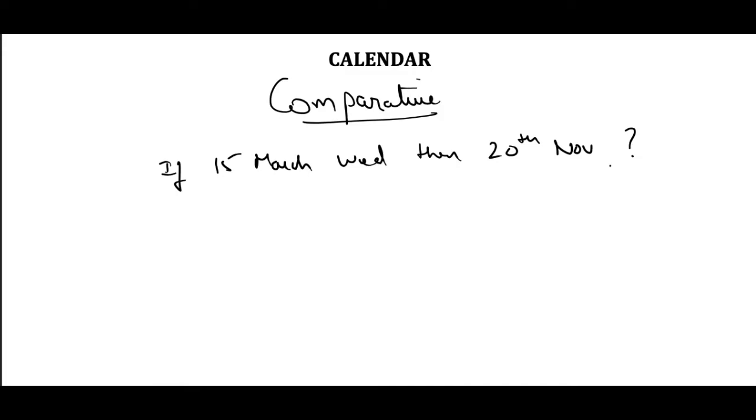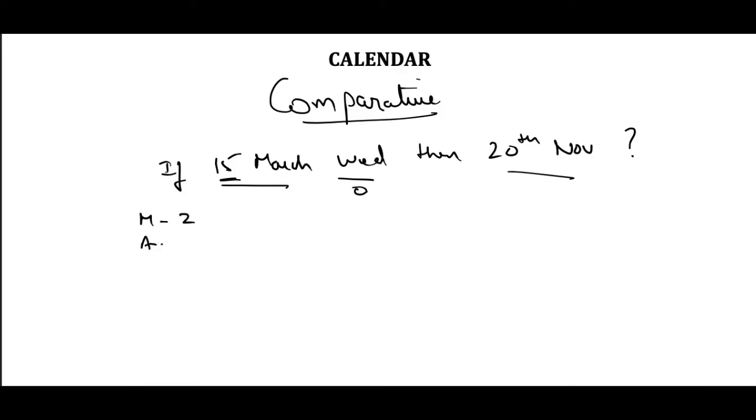In this question the year is irrelevant because both dates are of the same year and after Feb, so there is no necessity of leap year. As 15th of March was Wednesday, Wednesday will be 0, and from 16th of March till 20th November we'll take the odd days. March has 31 days, out of which 15 are completed, so we have 16 days, that will make 2 odd days, since 16 minus 14 is 2.